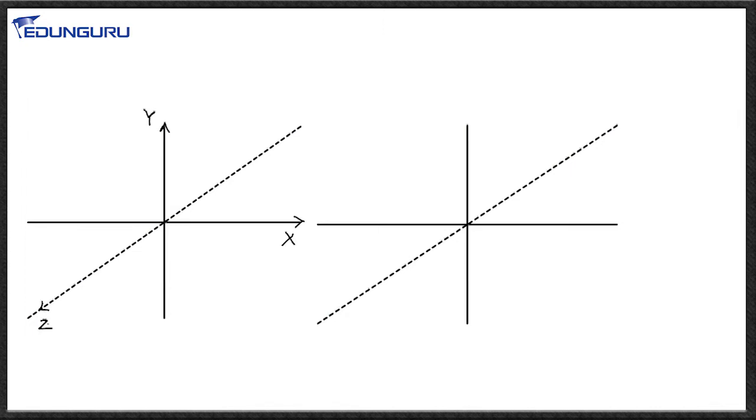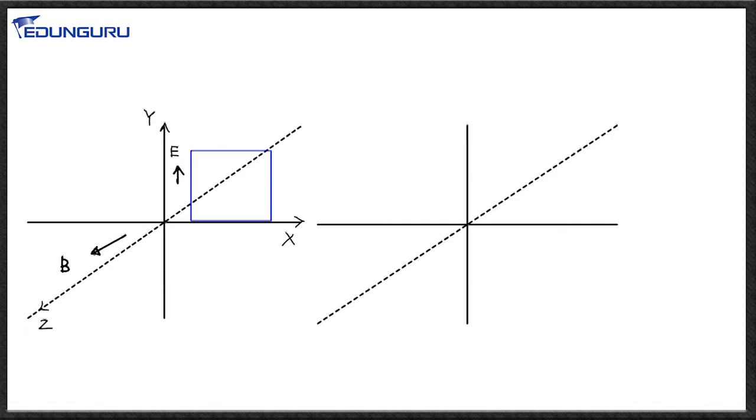Let's take a loop in the xy plane. The electric field here is along the y axis, so let's write it as E only, and the magnetic field is along the z axis, this is B.